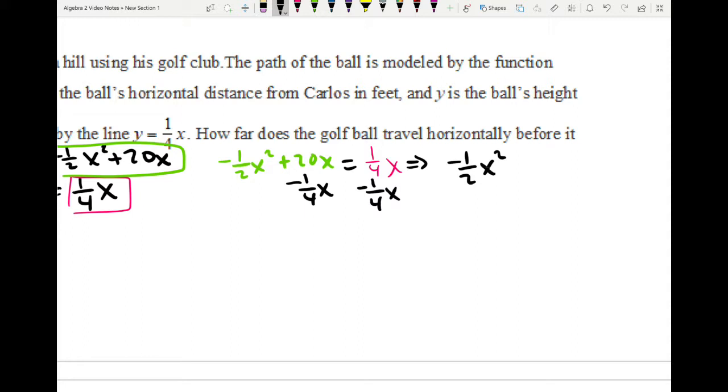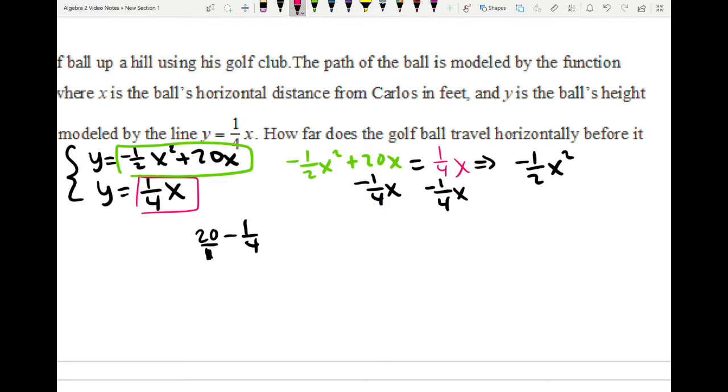So I'm going to keep mine as 20 minus 1/4, and I'm going to combine those two fractions together. So we need a common denominator here. So I need to times this by 4, so that we have a common denominator of 4. So 20 will become 80 over 4 minus 1 over 4. So this is going to give me 79 over 4.